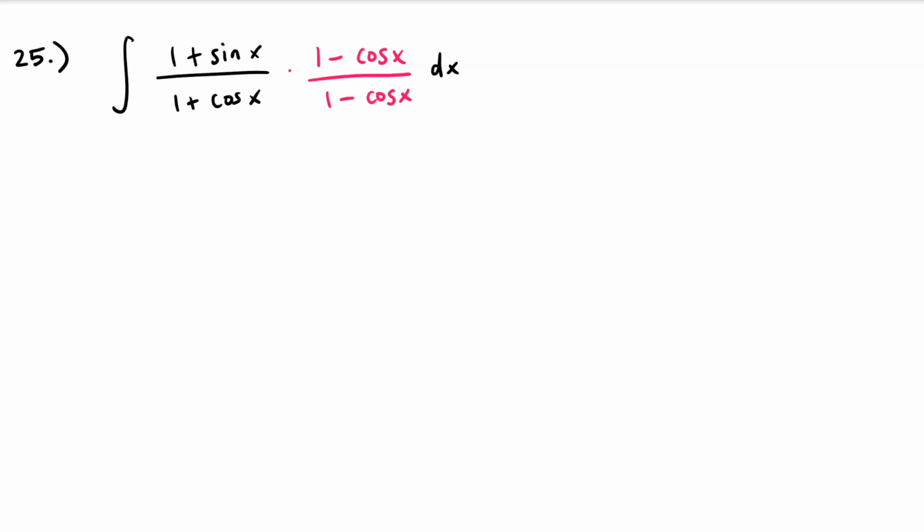The reason that I'm doing that is because in the denominator, if we multiply that out, our new denominator is going to end up being 1 minus cosine squared x, and I'm going to be able to use the Pythagorean identity on that in a little bit. I'm also, in the pink, multiplying by 1 minus cosine of x over 1 minus cosine of x, and algebraically we're allowed to do that because that is equivalent to 1.